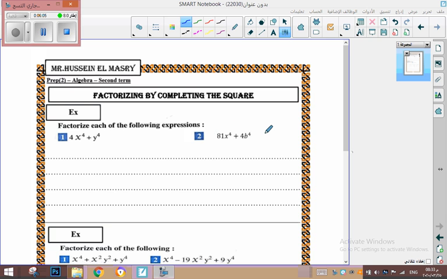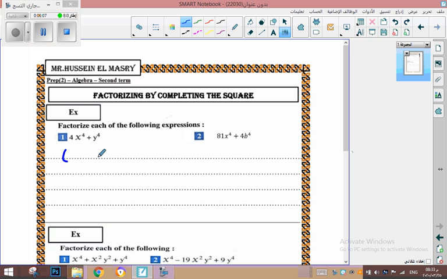So I will start with a bracket to the power 2. Then I will write the root of the first term. What is the root of 81x power 4? Yes, 9x squared. The same sign in the middle, plus the root of the second term.